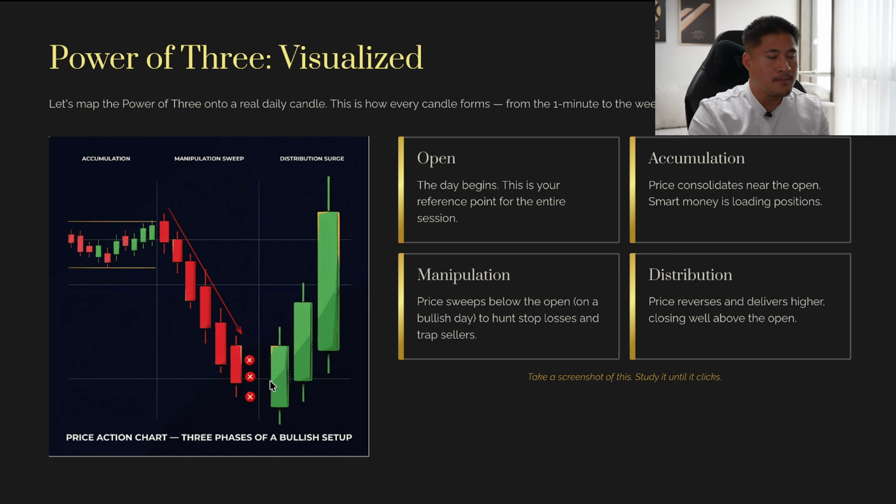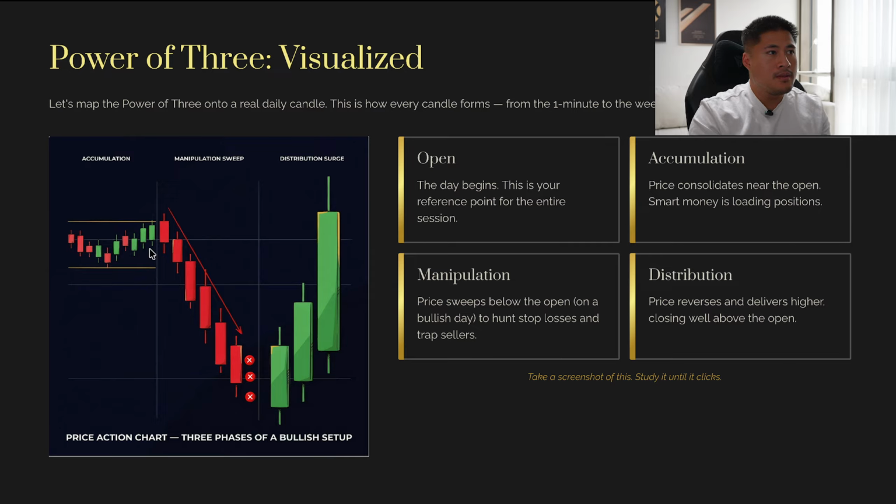Because of that massive momentum from the big hedge funds and big banks, all these stop losses from the retail traders get triggered, and that leads to even more and bigger momentum upwards, okay? That's basically the power of three in a nutshell, all right? Very, very simple.